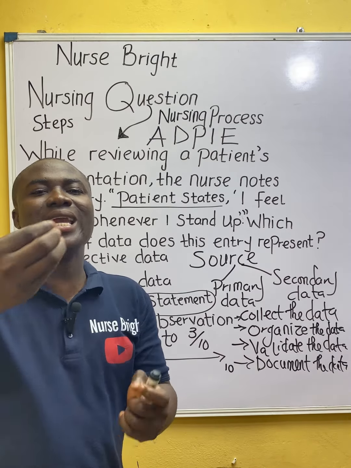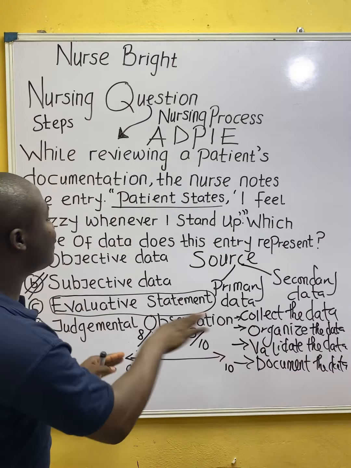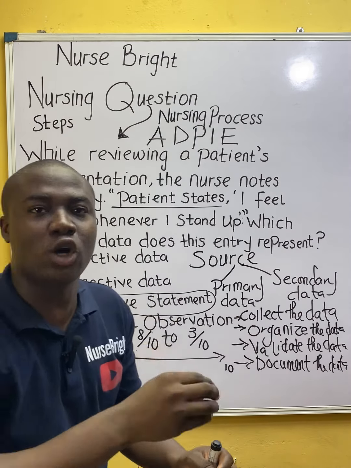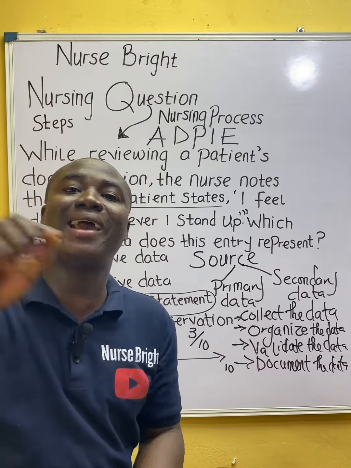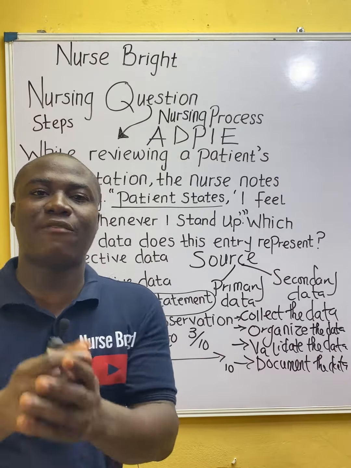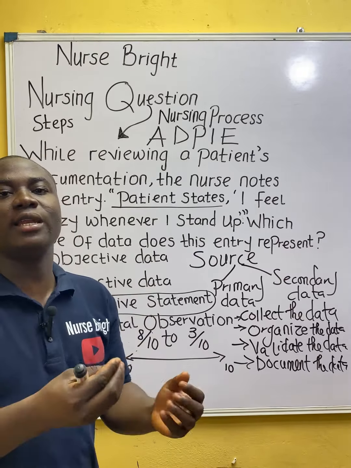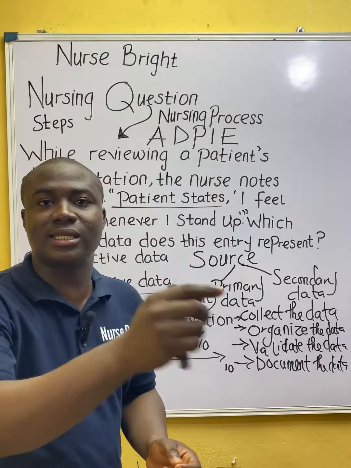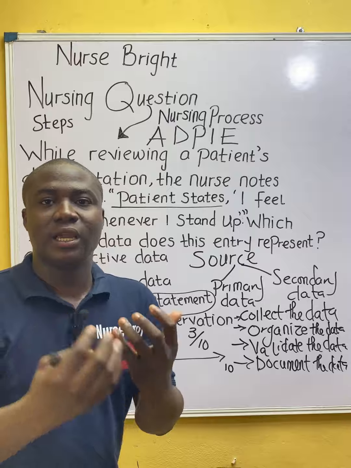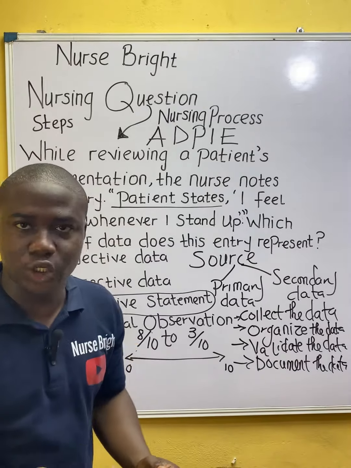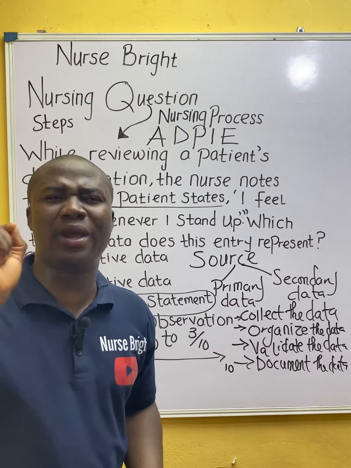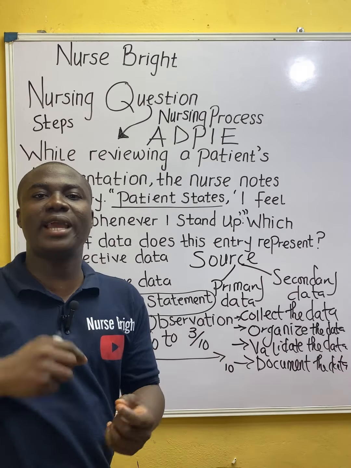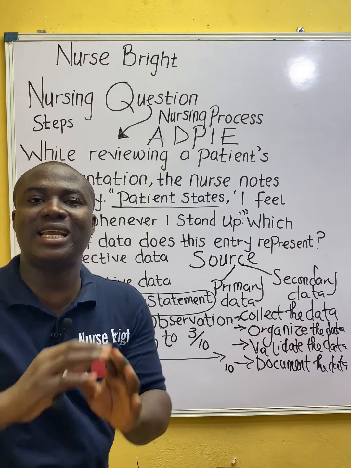All right, this type of observation is unprofessional and it should be avoided at all costs. All right, like for instance, the nurse saying the patient is lazy and uncooperative. That's a judgmental observation and it's unprofessional in nursing ethics and it should be avoided. Are you there? Like the nurse saying the patient is exaggerating pain.